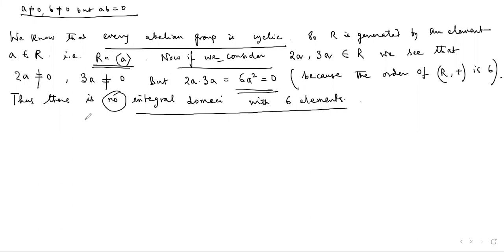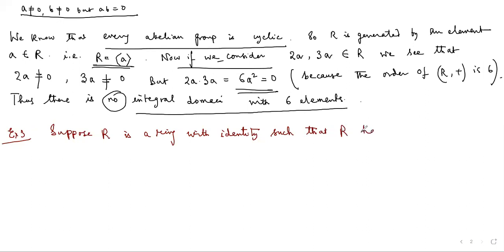Next example I'm considering, example 3. Suppose R is a ring with identity such that R has no zero divisors.